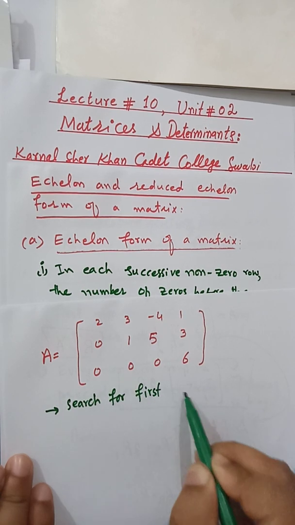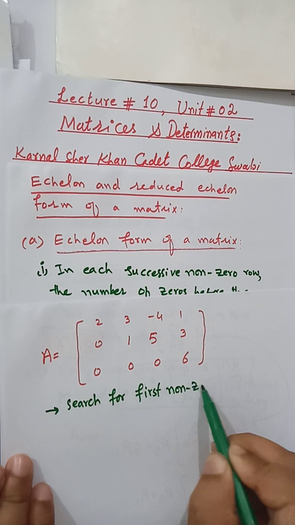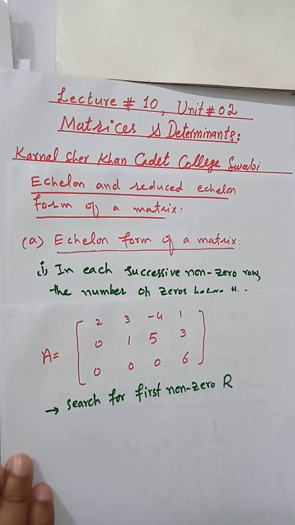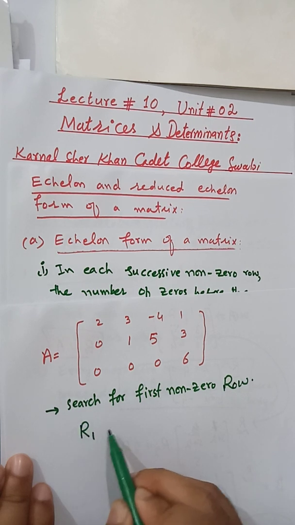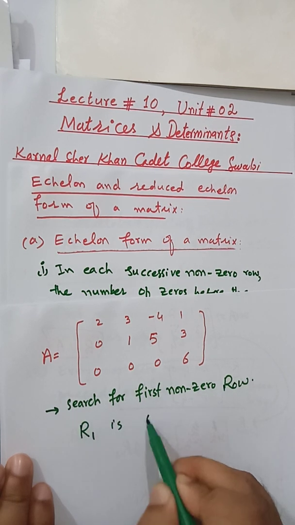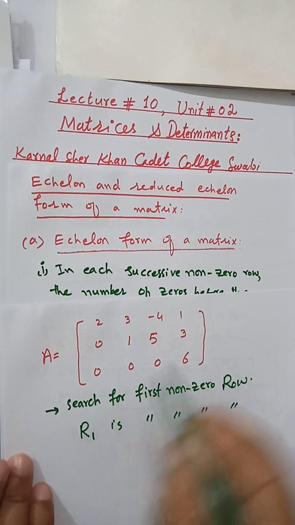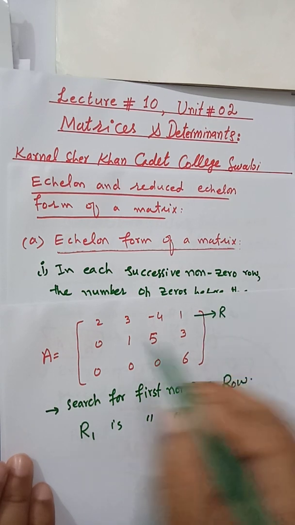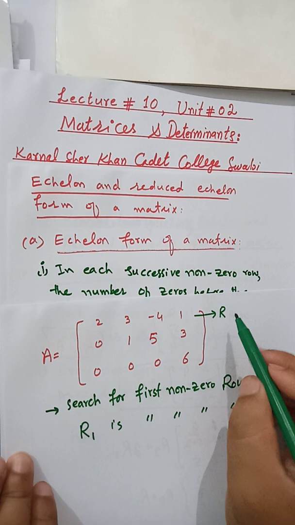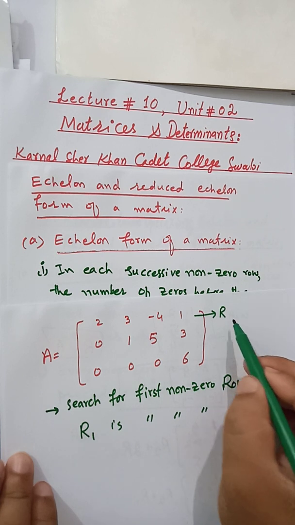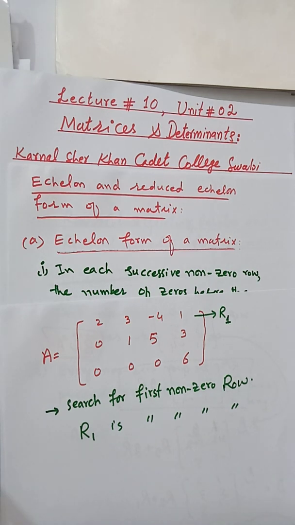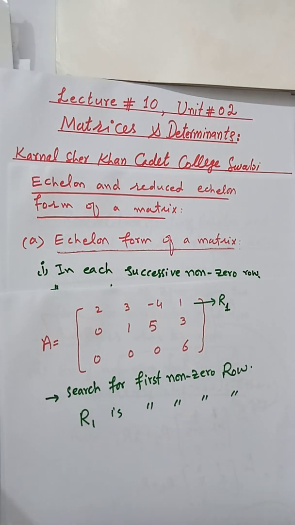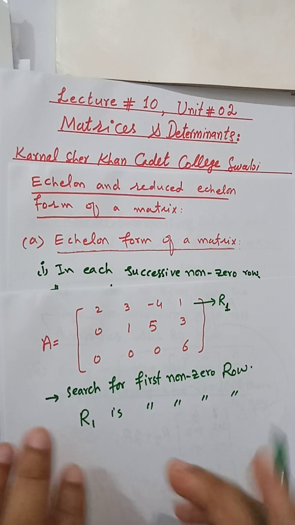In this case, R1 is the first non-zero row, since it contains more than one non-zero entry. Now in the first non-zero row, you will search for the first non-zero entry.